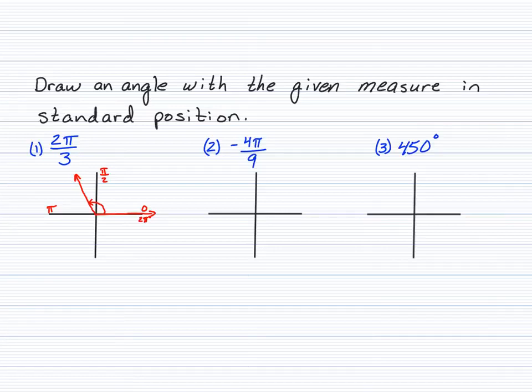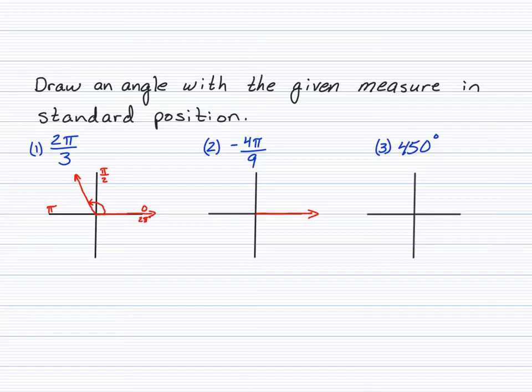All right, so the next one is going to be negative 4/9 pi, or negative 4 pi over 9. And so the initial side is still going to be on the positive x-axis, and we're going to rotate this around, but because it is a negative, that tells us to rotate in the clockwise direction, this direction. All right, so again, we want to think about where some angle measurements are.